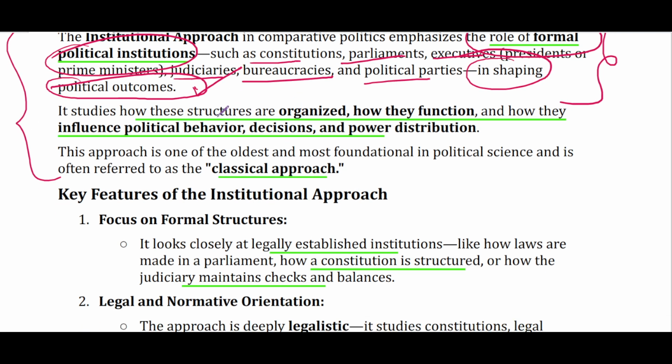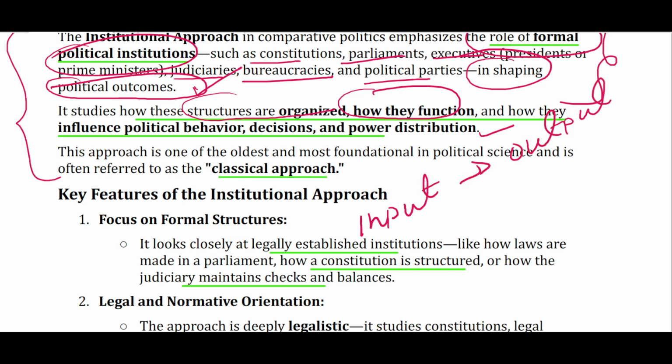And it also studies how all these institutions are organized, how they function, and how they influence political behavior, decisions, and power distribution. So ultimately, at a broader level, the comparative approach is about finding patterns about how some input was given and how that input led to the output.